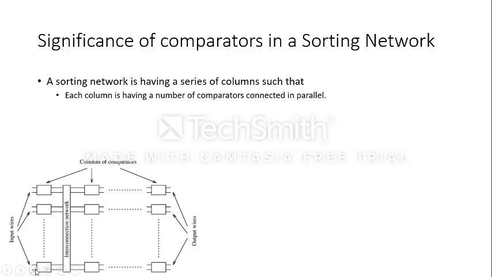Finally, when all of the columns are exhausted, then with respect to the last column, there are multiple comparators, and with respect to each comparator, there are two wires coming out of it, holding the output values.